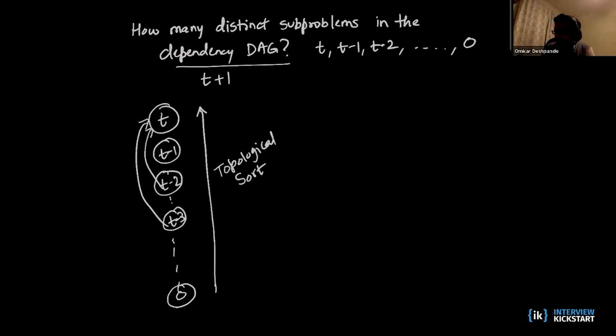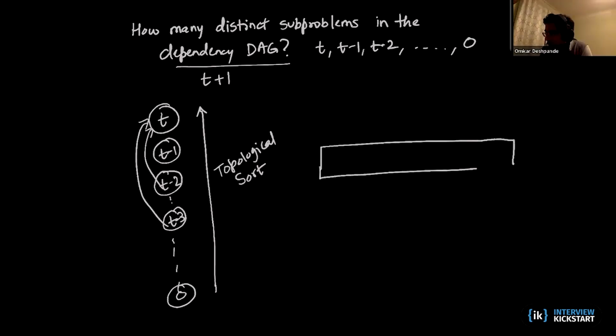So the solution to each subproblem will be stored in a cell, and since this topological sort is looking like a linear list here, we will just store the solutions to all these subproblems in a linear structure like an array. So let's say the solution to this subproblem is going to be stored here, solution to this subproblem will be stored here, and so on. So we allocate a table of size t plus 1 and we start filling in the table from left to right.